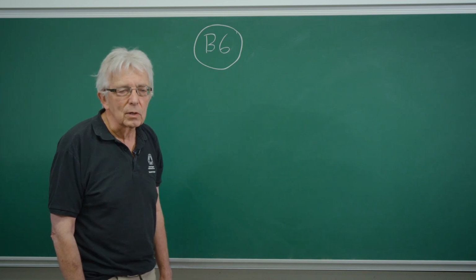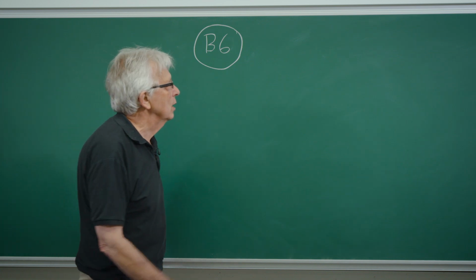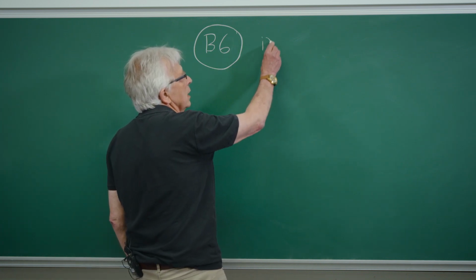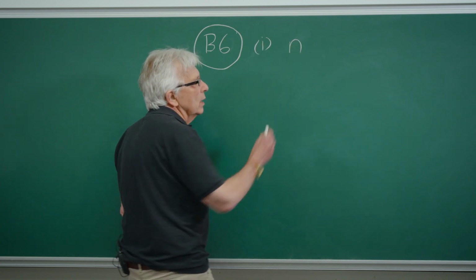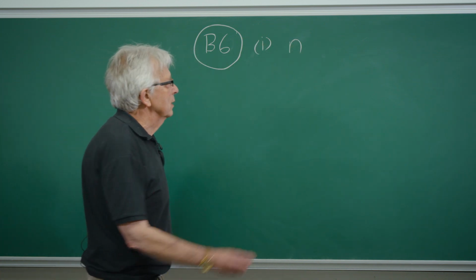In this question, we're going to look at 3 different cases that can occur. The first case is when n is 1 bigger than a multiple of 3.